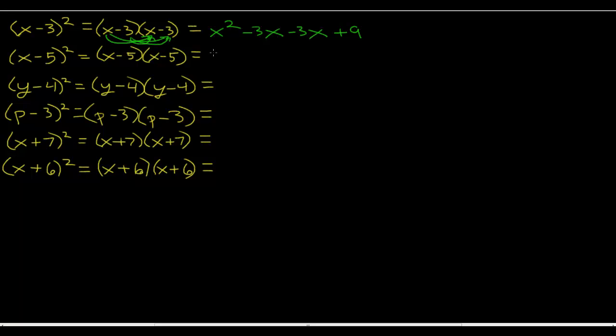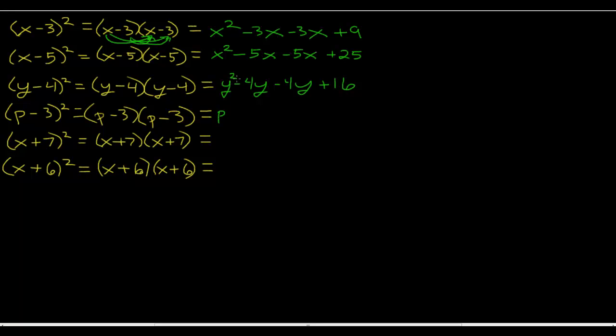Okay, hopefully this is what you got. X squared minus 5x minus 5x plus 25. Alright, pause here and try one of the next ones. Okay, so this should be minus 4y minus 4y plus 16.